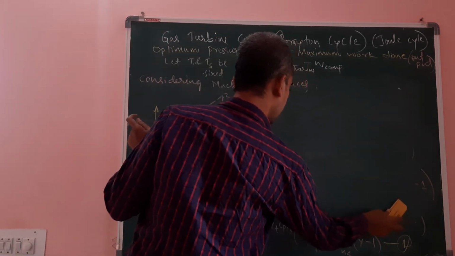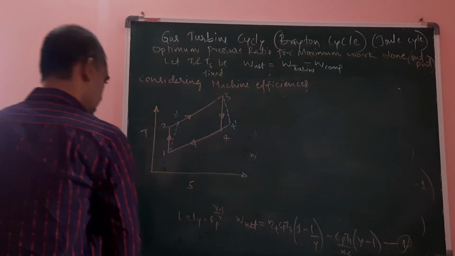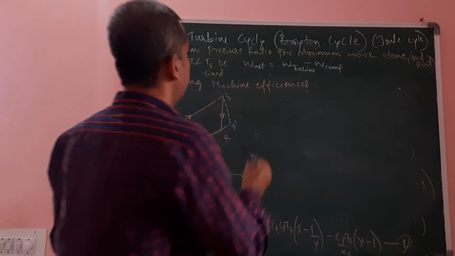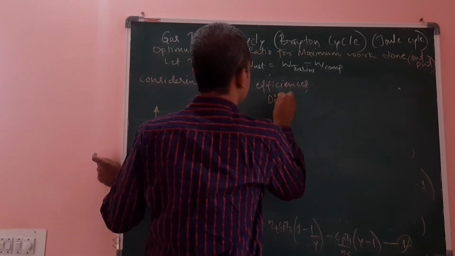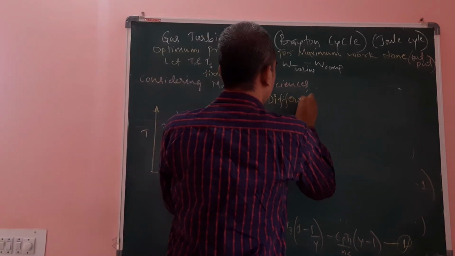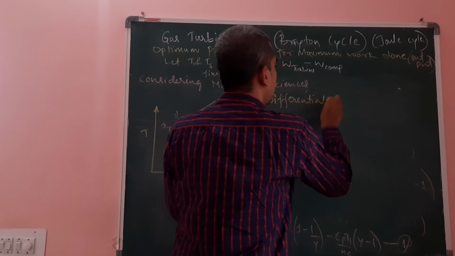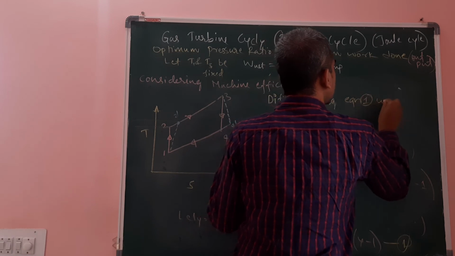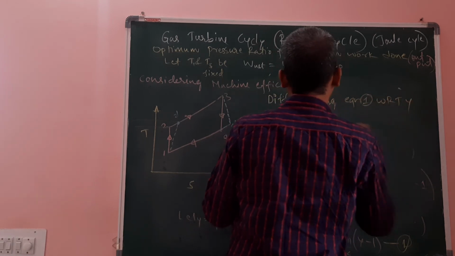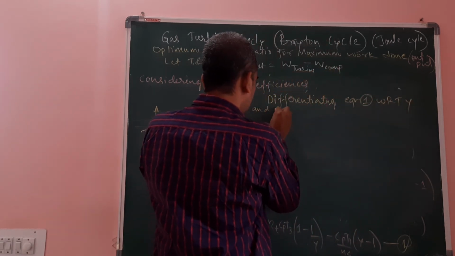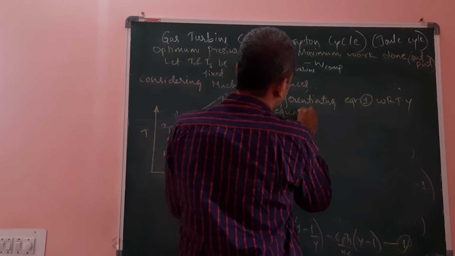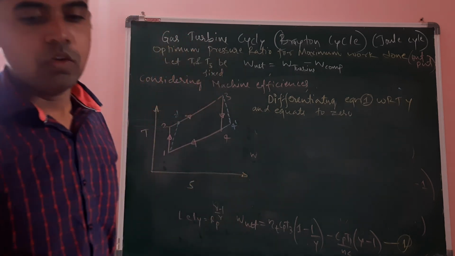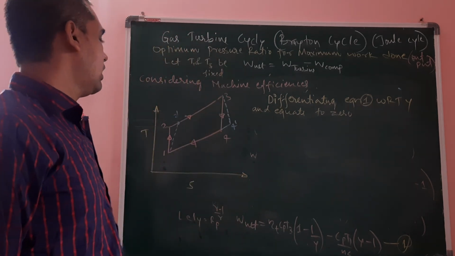Differentiating equation 1 with respect to y and equating to 0. I will differentiate this with respect to y and I will equate it to 0.